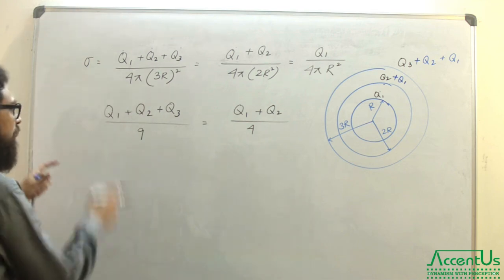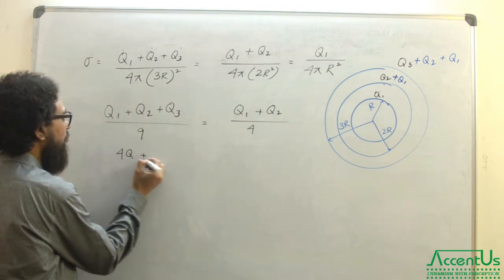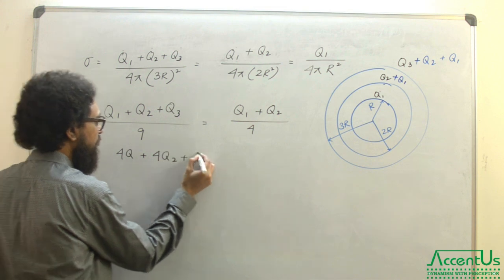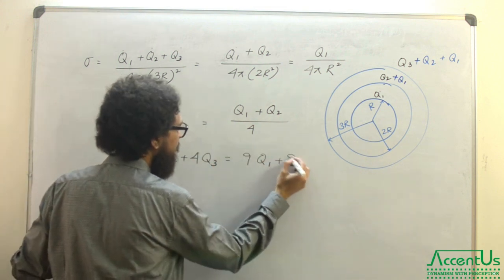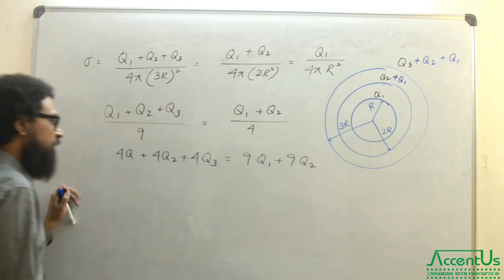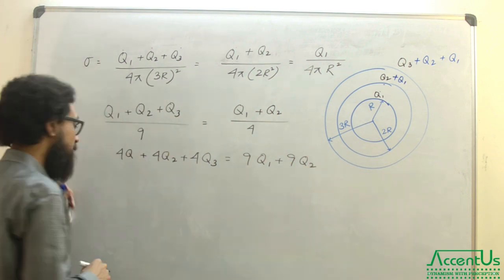Alright. So if you cross multiply, 4Q1 plus 4Q2 plus 4Q3, these are all very silly calculations that you can do by yourself. I'm just showing this one, and the next part you will do by yourself, and I will tell you the answer.